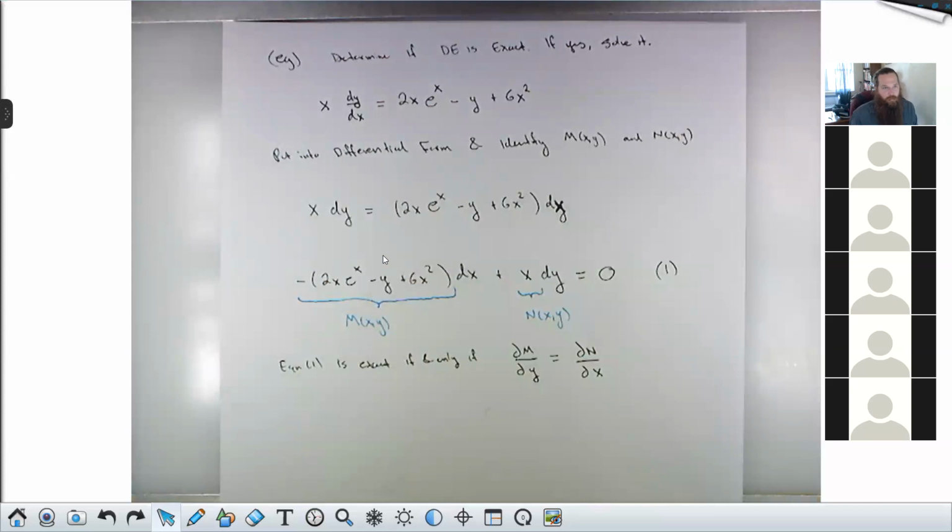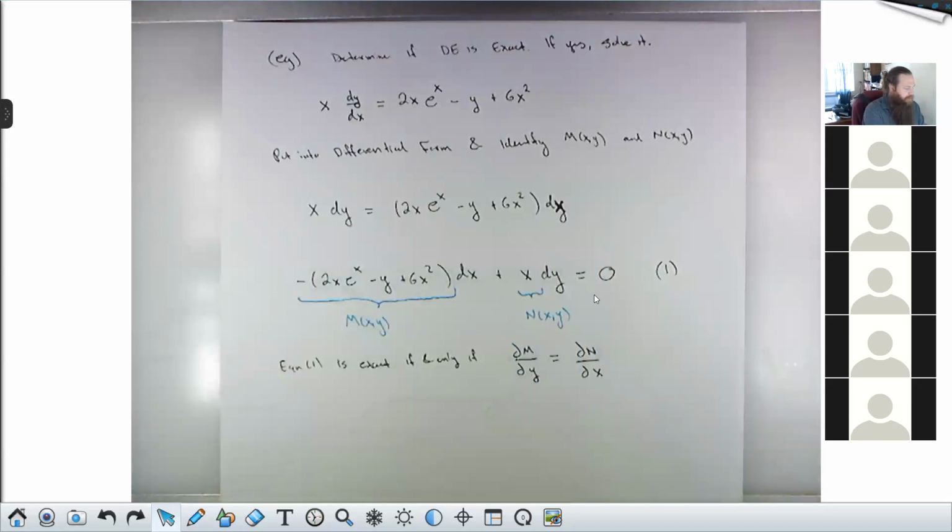Especially those of you interested in electrical engineering or any field of mathematics, complex variable theory is the most beautiful thing. What we're doing is the same as finding harmonic conjugates. So this is an exact equation if and only if these partial derivatives are equal to each other. Let's take a look.